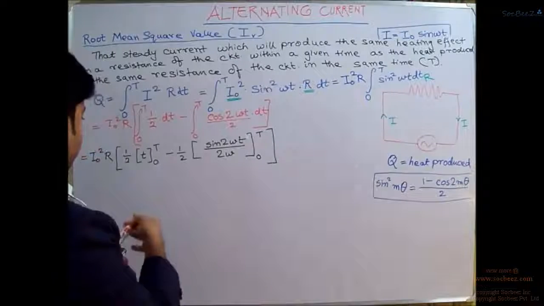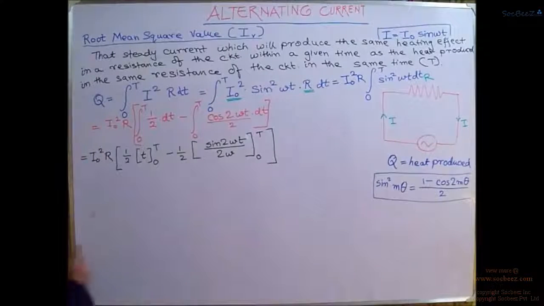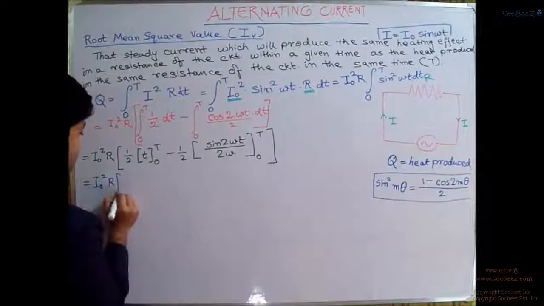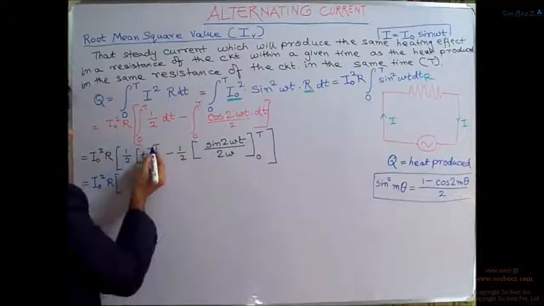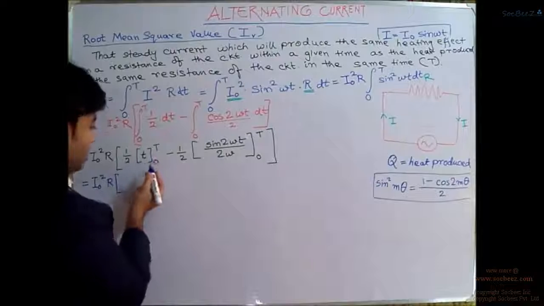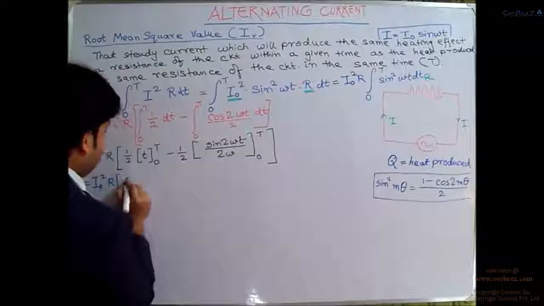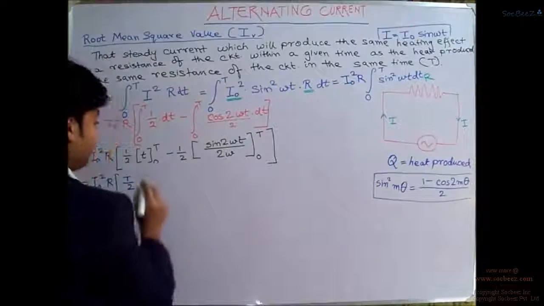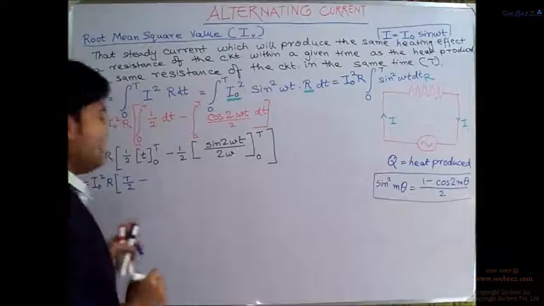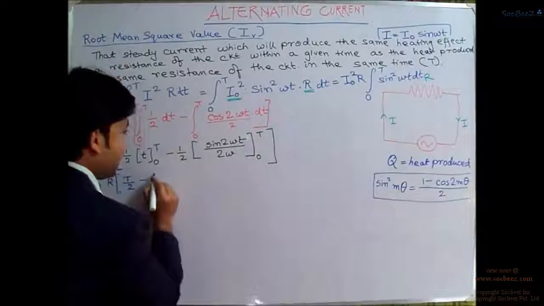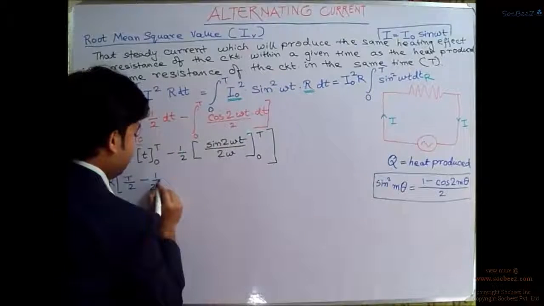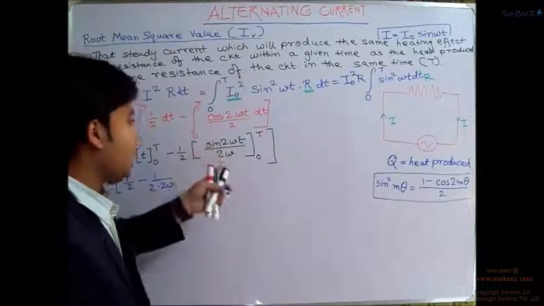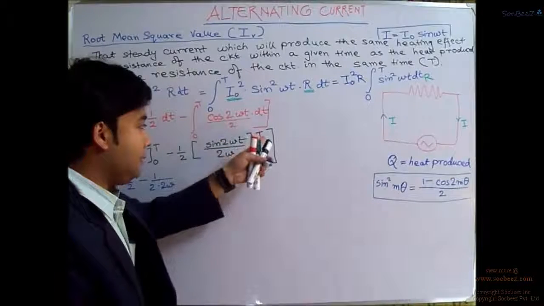So we can find out this is equal to I naught square multiplied by R. So this will be capital T minus 0, which is T divided by 2 simply, minus 1 by 2 multiplied by 2 omega, because 2 omega is a constant over here, and now we are replacing t with capital T and 0.